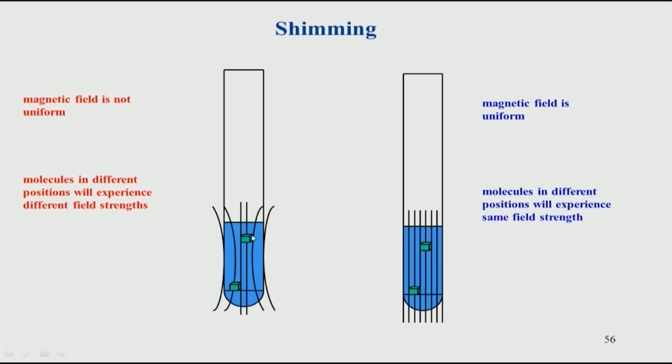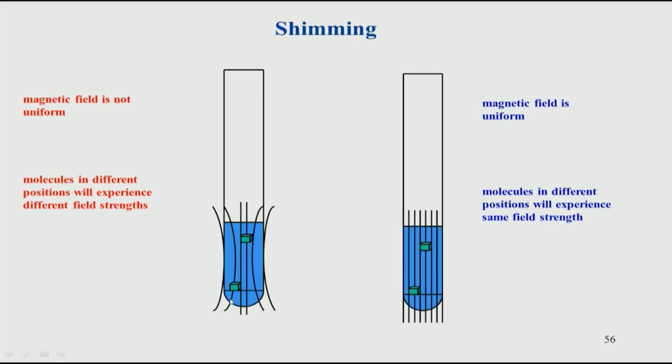Therefore, these two molecules will not have the same magnetic field, and because of the equation omega equals gamma B0, if B0 is different here and here, then omega also becomes different, and that basically causes line broadening. The lines will look broad; we will see that in the next slide also.